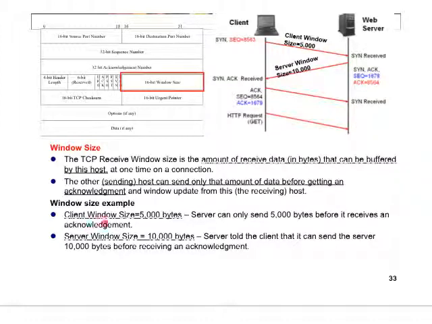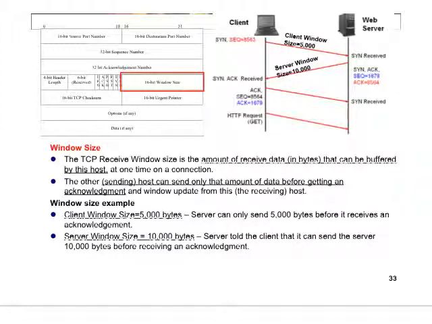These are examples. The client window size could be like 5,000 bytes, in which case the server is allowed to send the client up to 5,000 bytes only, not 5,000 segments, 5,000 bytes. These 5,000 bytes could be sent in 3 segments, 4 segments, whatever. When you receive a segment, you always have to update this window size.